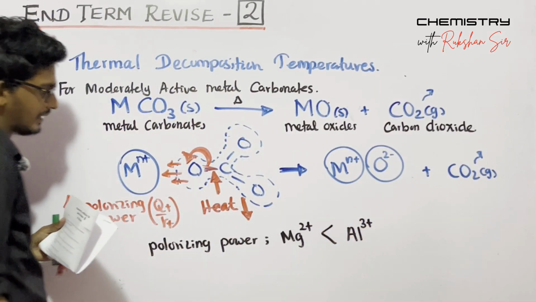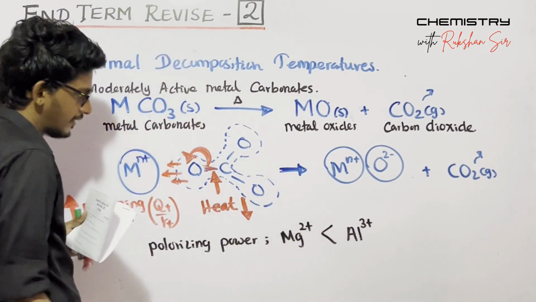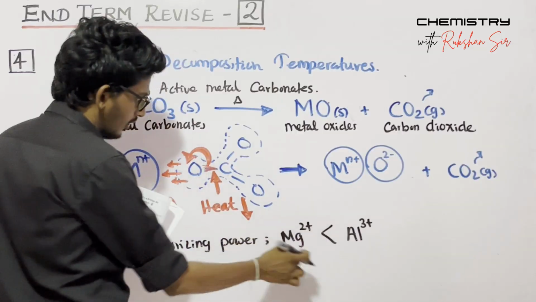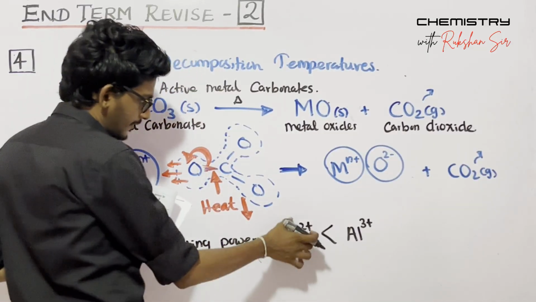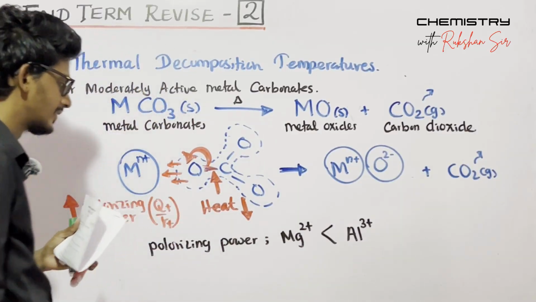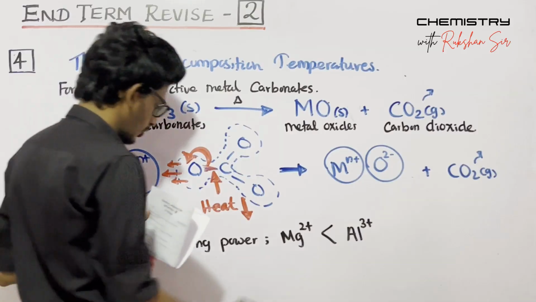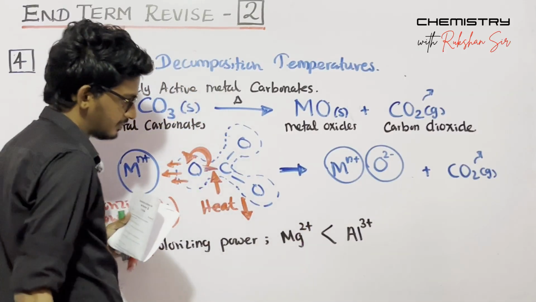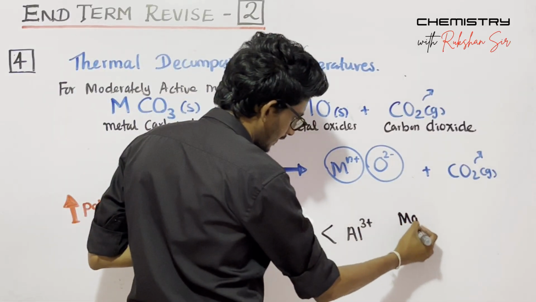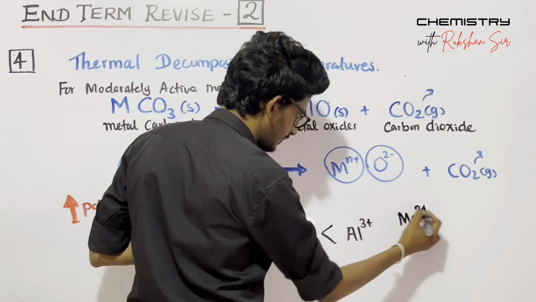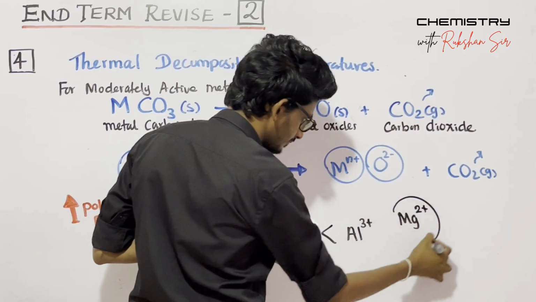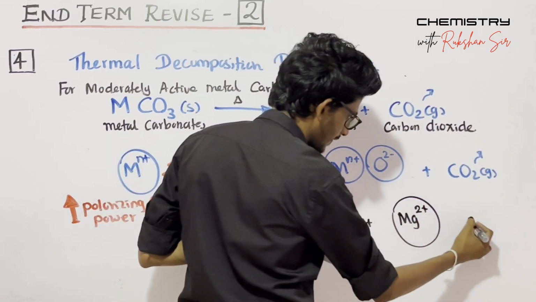But this one has a larger radius and a smaller charge, right? So polarizing power is low here. The idea is clear, no? Mg2 plus looks like this, and then comes aluminum 3 plus.